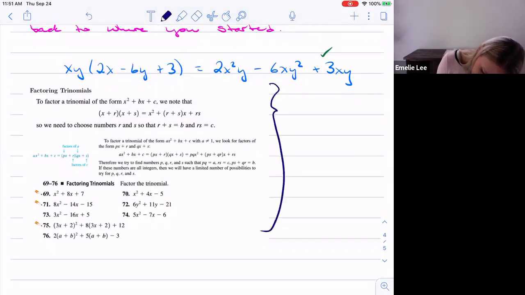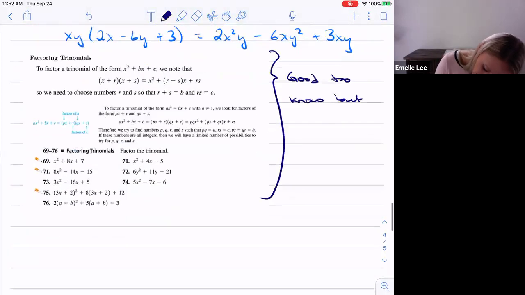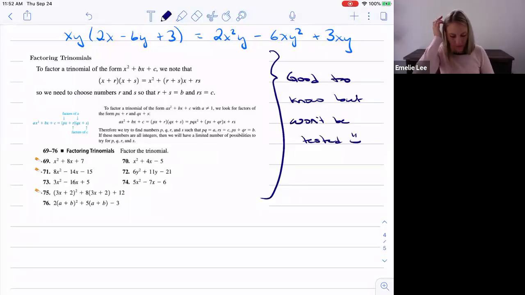So this stuff is good to know, but won't be tested. At least not like that. I will expect you to be able to factor things like this, but not using these formulas. I find them kind of tricky to work with.